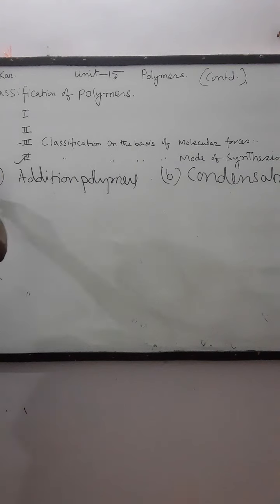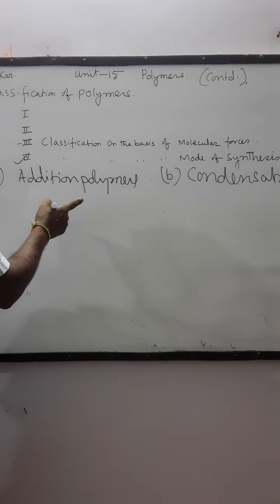First we consider addition polymers. In case of addition polymers, large number of repeating units are formed, and here unsaturation is essential for monomers. So essential condition is monomer must contain either double bond or triple bond.